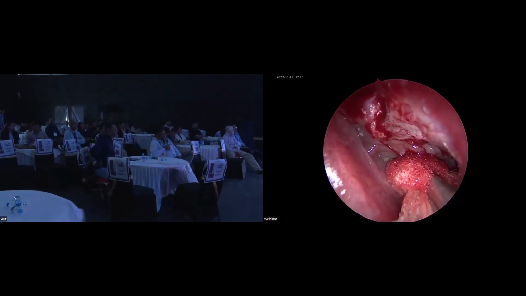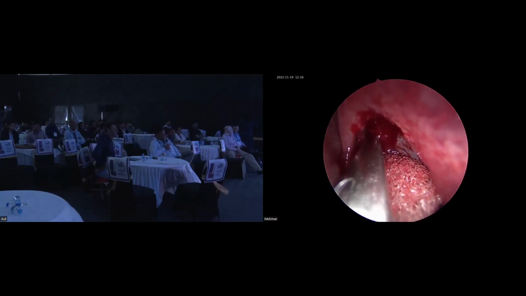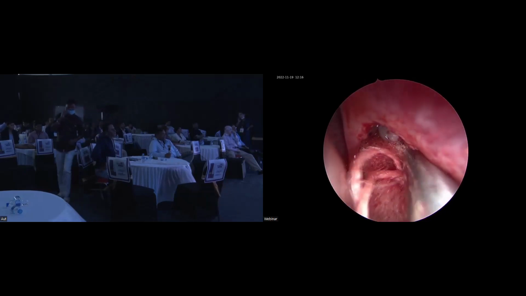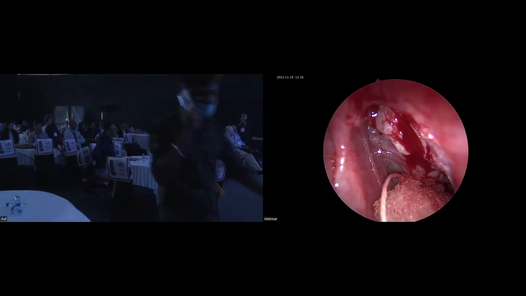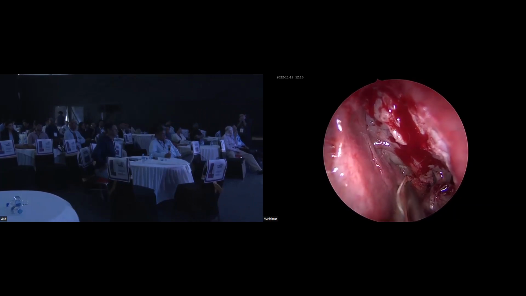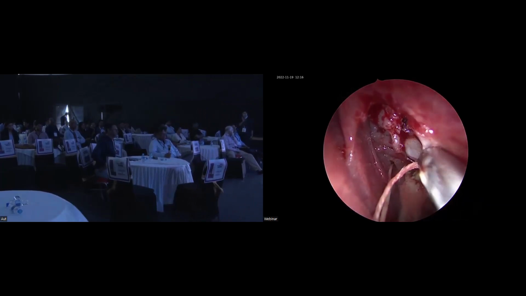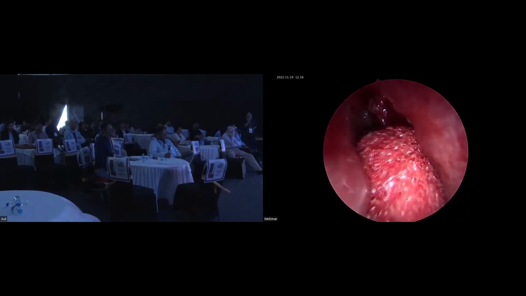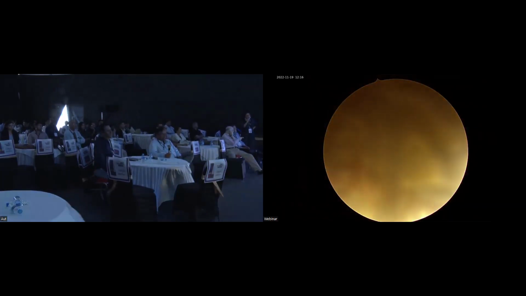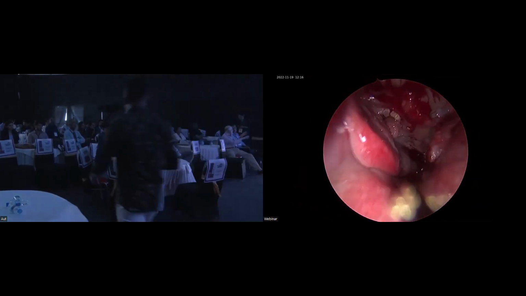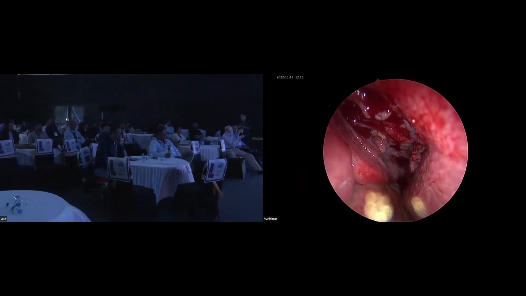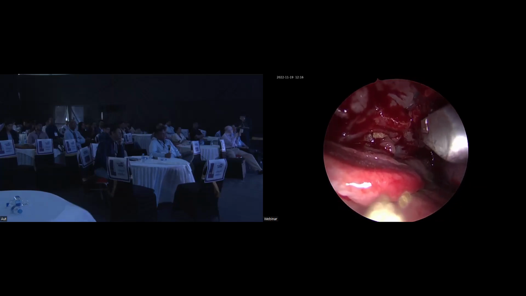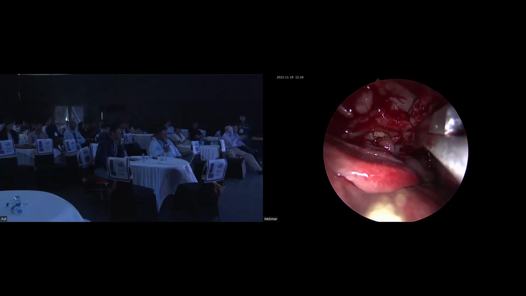Madam, would you please rotate the camera a bit? Can I get the ostium again, please? So we need to remove the horizontal part of the uncinate also. It is very thick because probably there's long-standing disease.